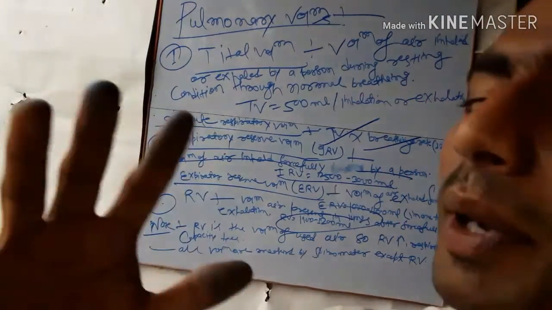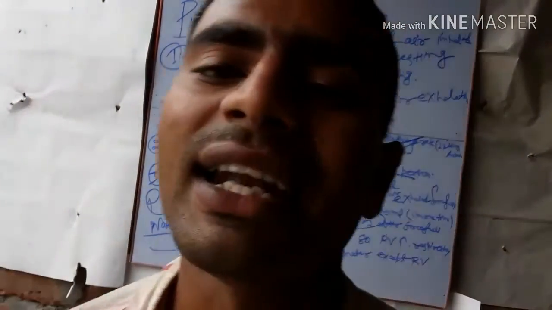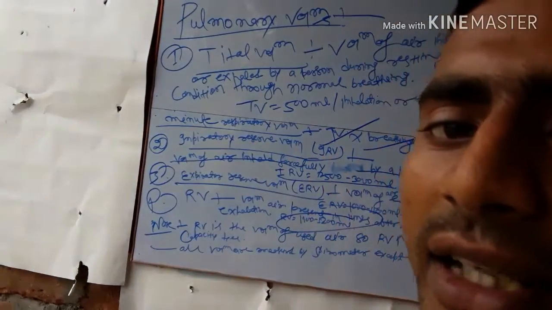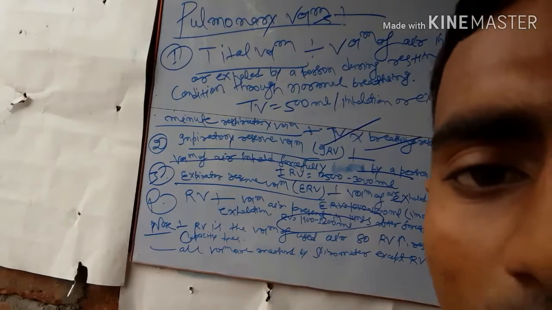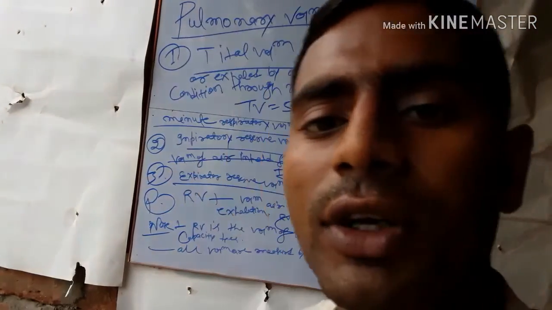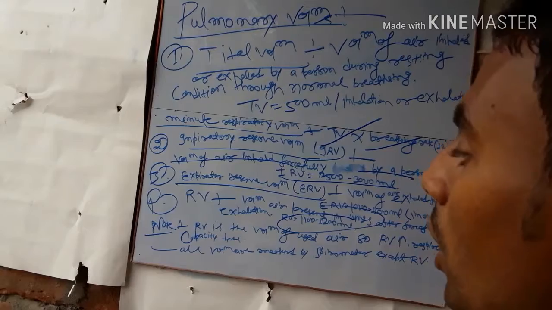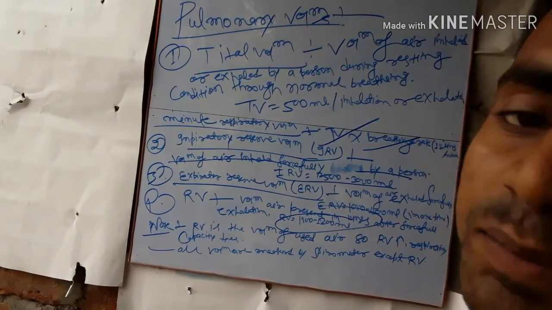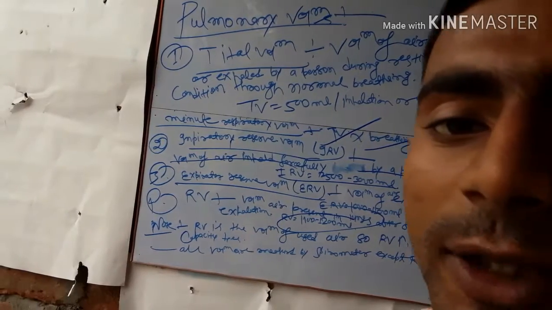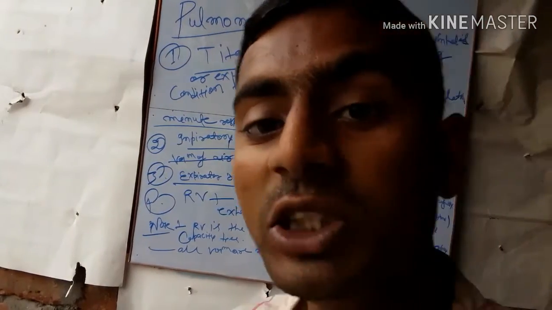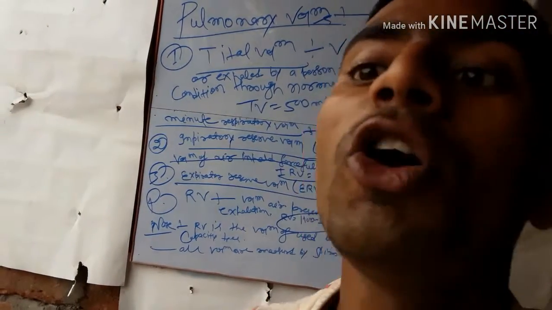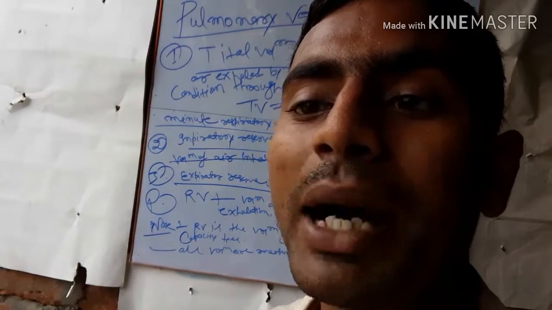The volume of air present in the lungs after forceful exhalation is the residual volume, and the amount is 1000 to 1100 to 1200 milliliter. One point here: residual volume is the volume of used air, so this air cannot be measured by the spirometer.